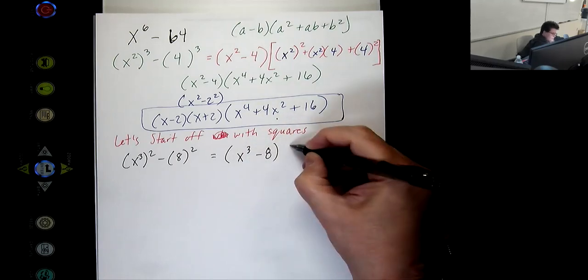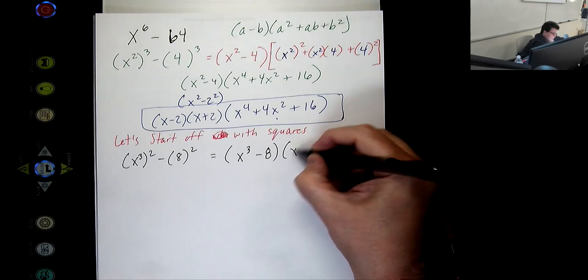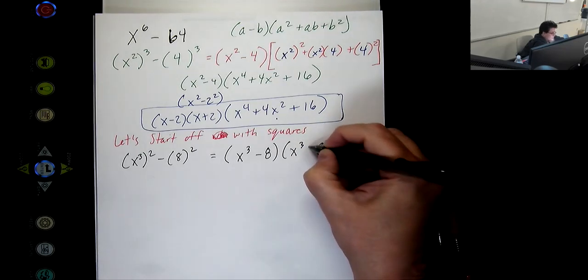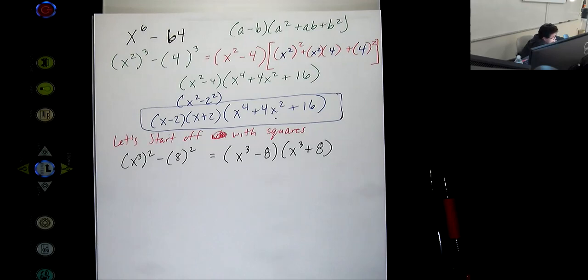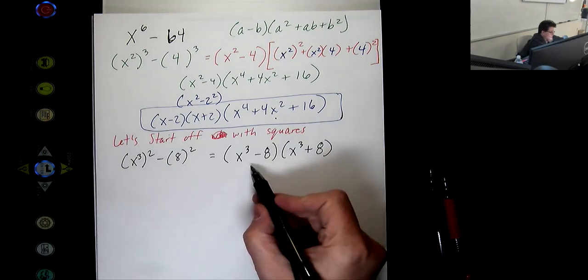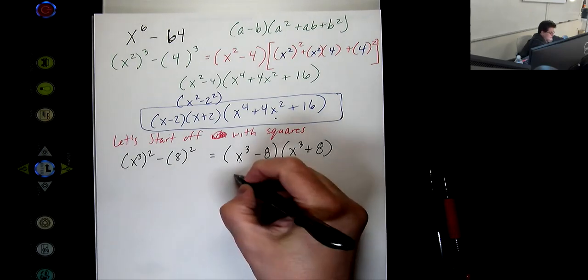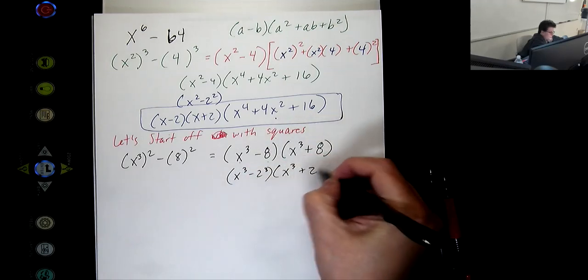In the first parenthesis we do the first term, and in the last parenthesis the last term, and we put different signs in them. But we already know that's not done because we already found something that had a smaller form. This is cube, cube, cube, cube. This is x cubed minus 2 cubed times x cubed plus 2 cubed.